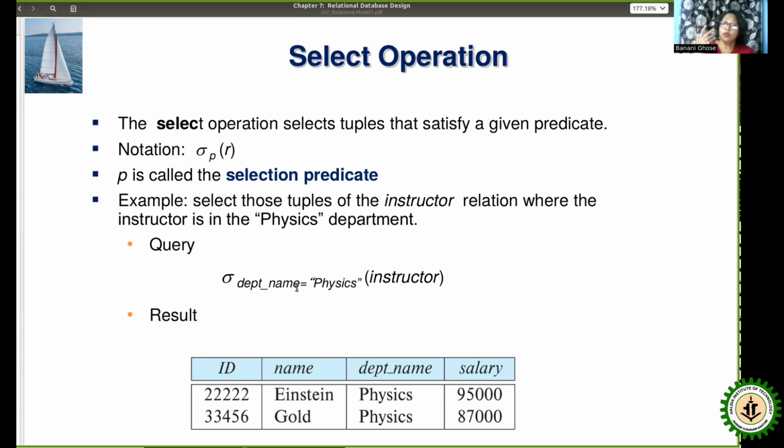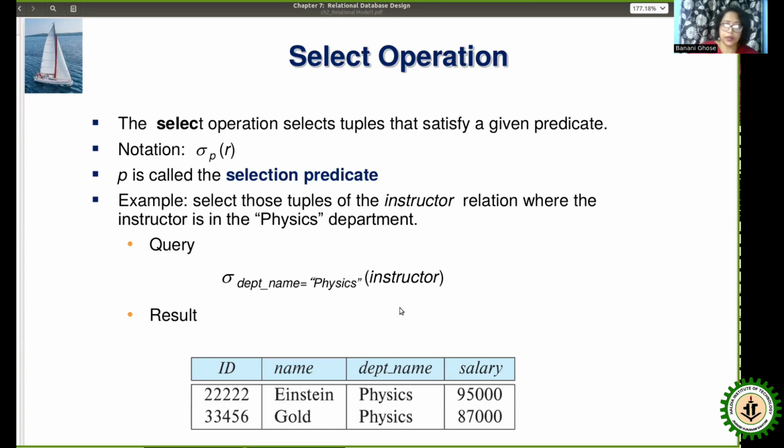Now, what is the condition? They should work in the physics department. So how to write that relational algebraic expression? You will write the sigma operation. Then in the selection predicate, you will write the condition department underscore name is equal to physics. As it is a string, it is to be enclosed within double quotes. Now, on which table is it to be run?